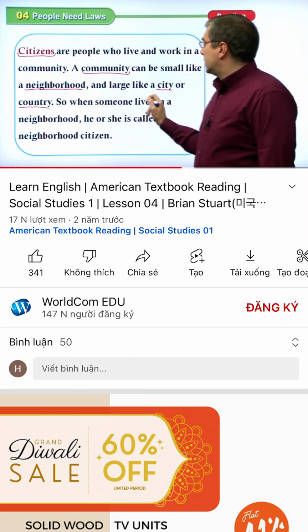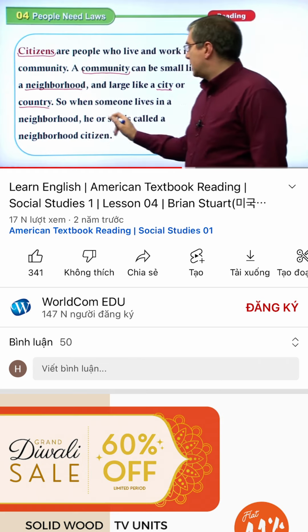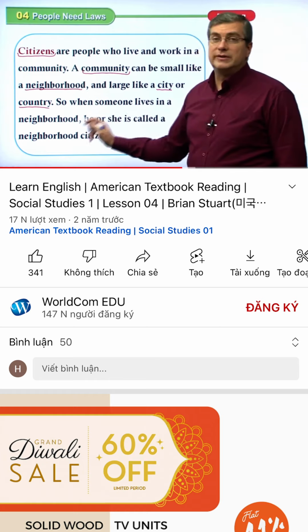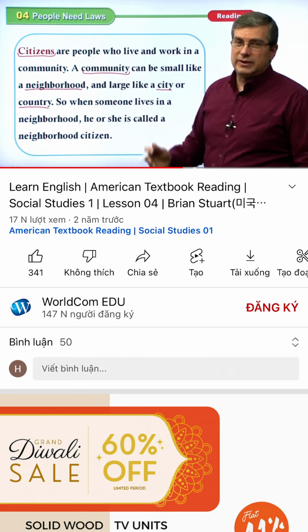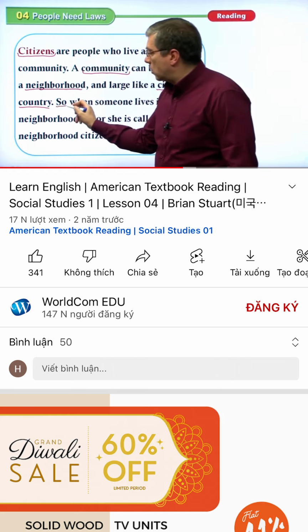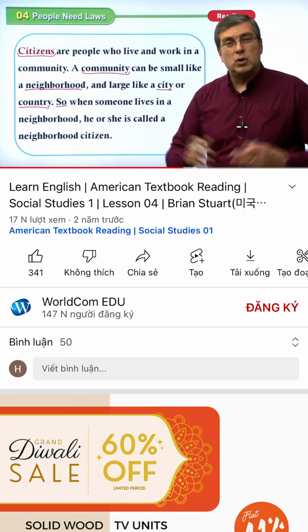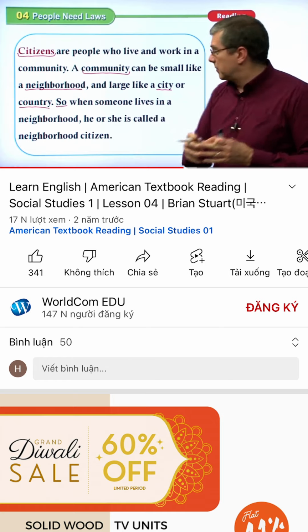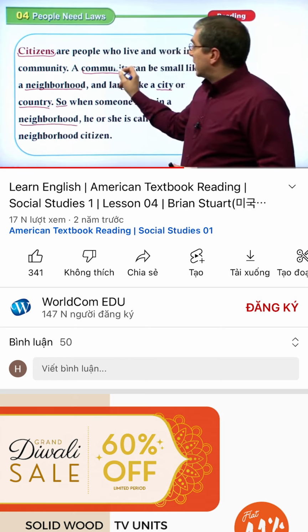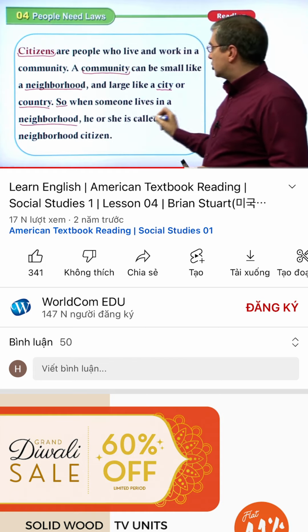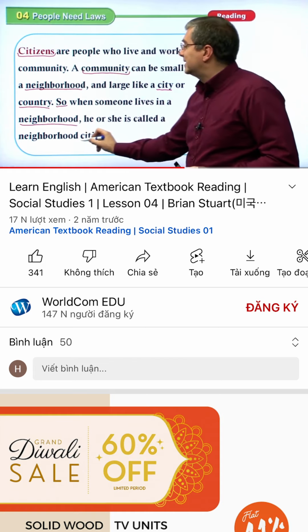So when someone lives in a neighborhood, he or she is called a neighborhood citizen. So that's interesting. We saw two sentences that give us definitions. Then we see so. So therefore, putting these two sentences together, when someone lives in a neighborhood, which is like a community, he or she is called a neighborhood citizen.